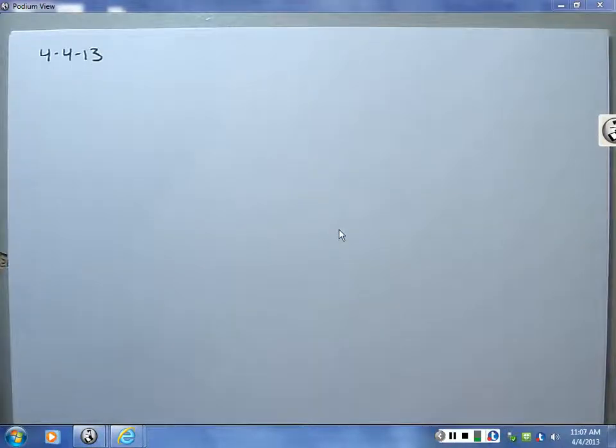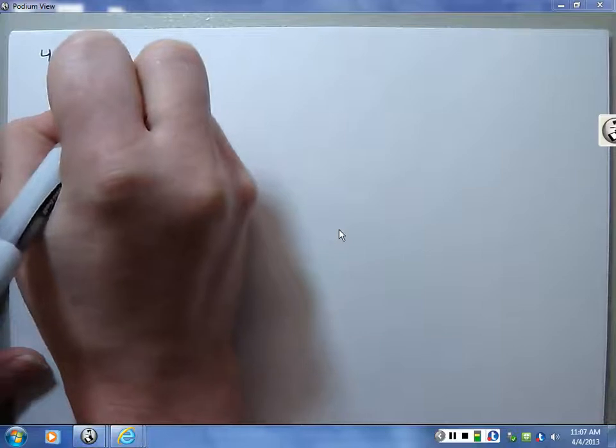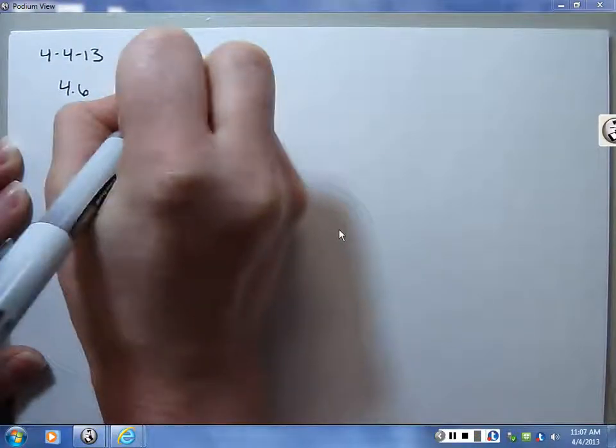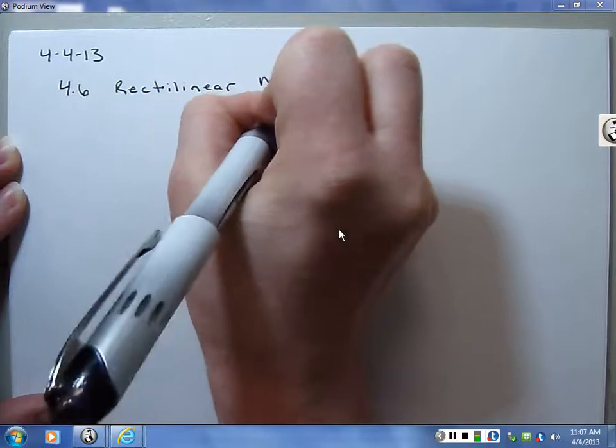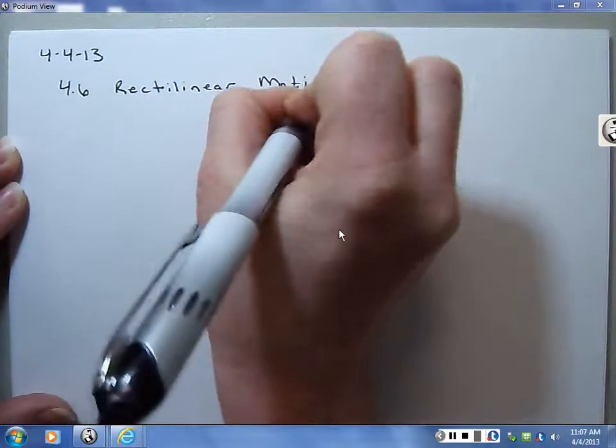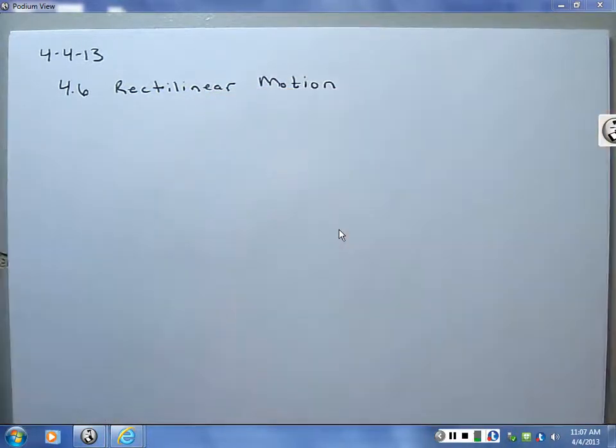Today we're going to look at 4.6, which is rectilinear motion. We will go in more detail on this in Chapter 5 once we learn the antiderivative. But today we're going to talk about particles and how particles move.